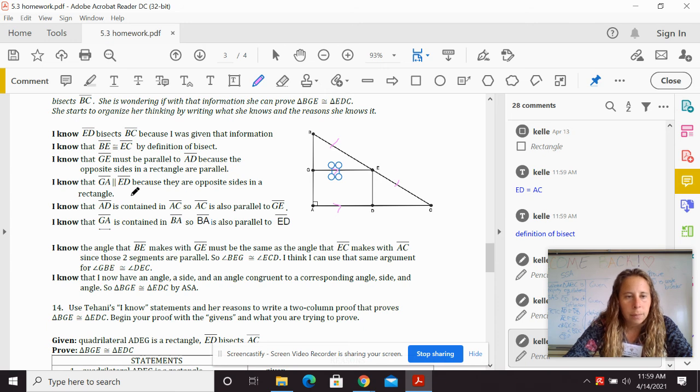Okay. Same idea with GA and ED. Sorry, I don't know if I said that right. GA. Oh, that definitely got away from me. 2 little arrows. So opposite sides are parallel. So if you want to write those separately, you can.